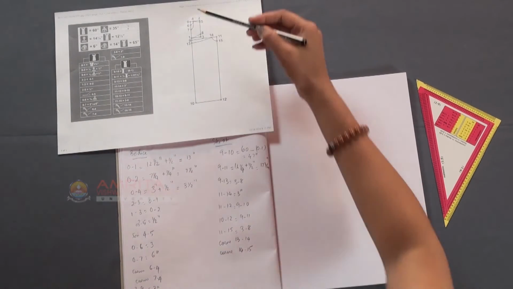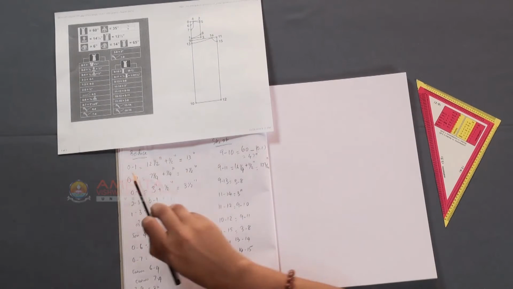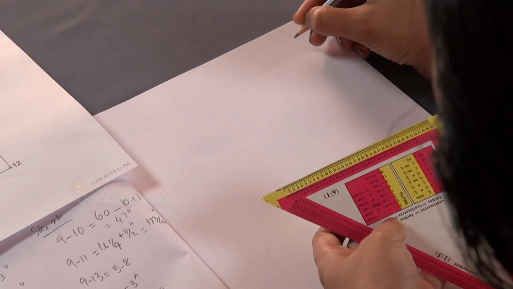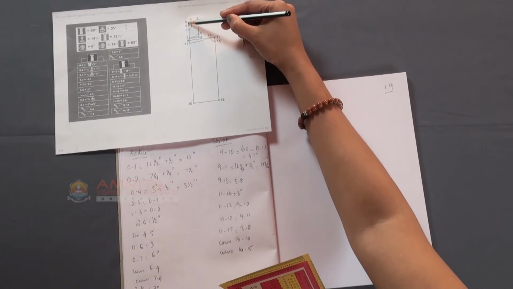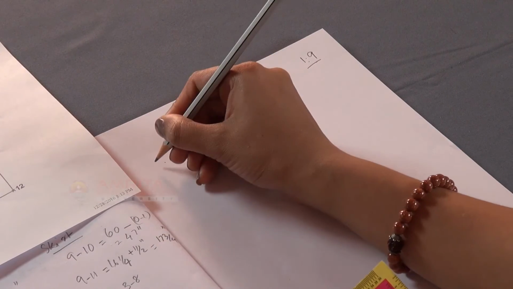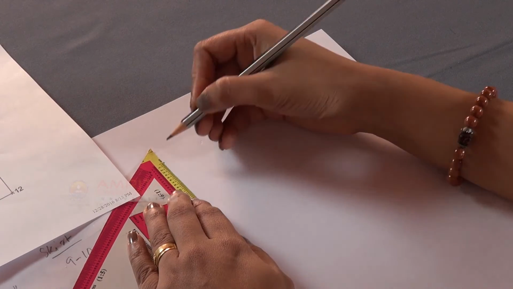The next step is to draw the pattern of the bodice part of the pleated nightie in our notebook. We will use the triangular scale to draw the pattern in our notebook. Here, we are using a 1:9 scale to draw the pattern. As per our drafting instruction, first we will draw the line 0, 1, which we have found out as 13 inches.